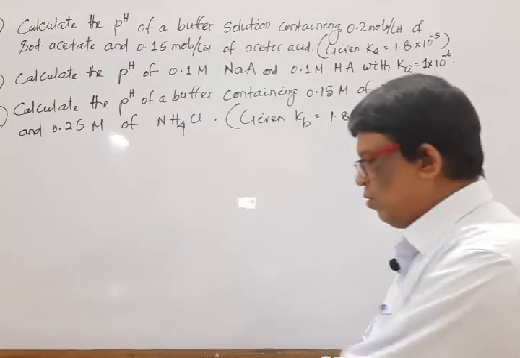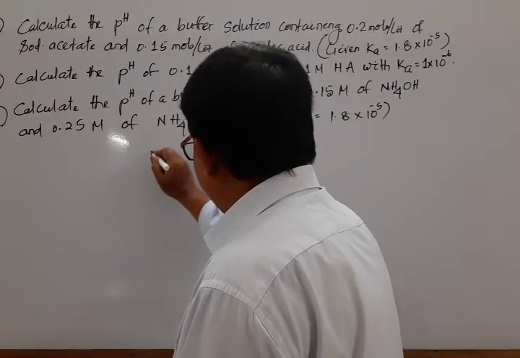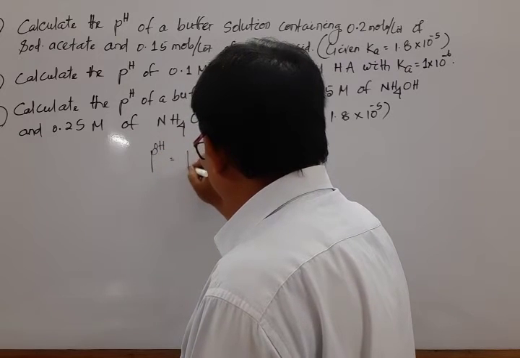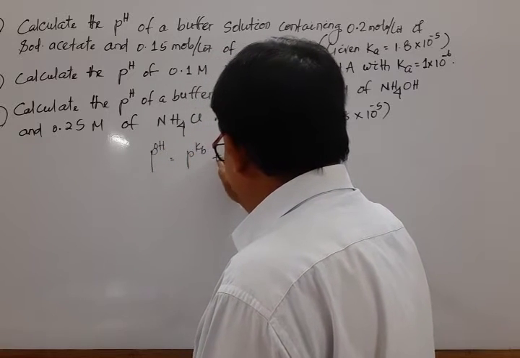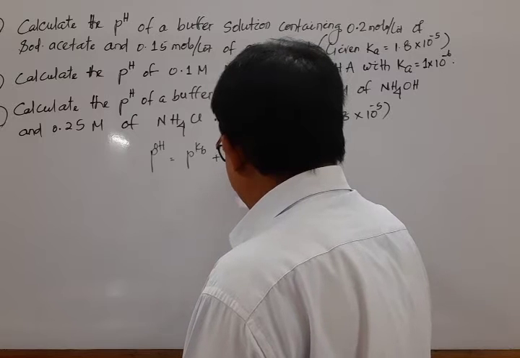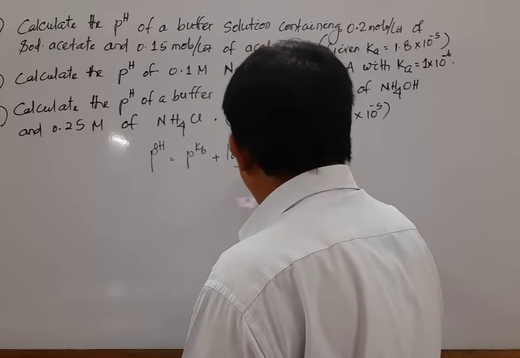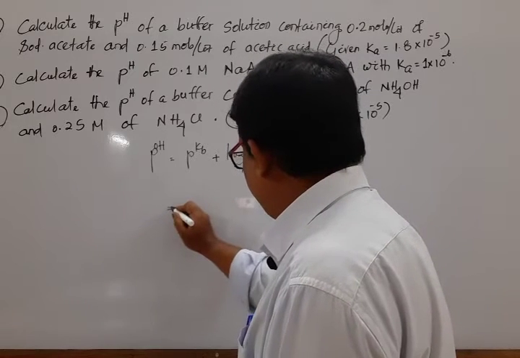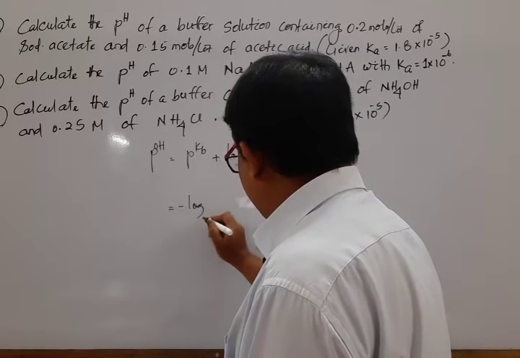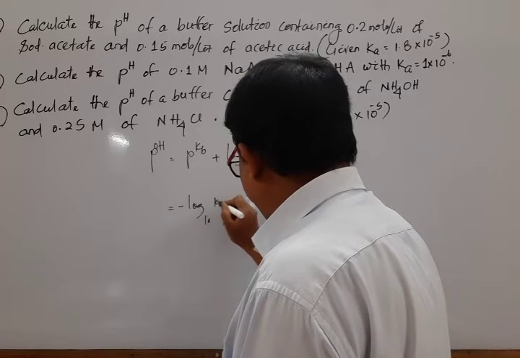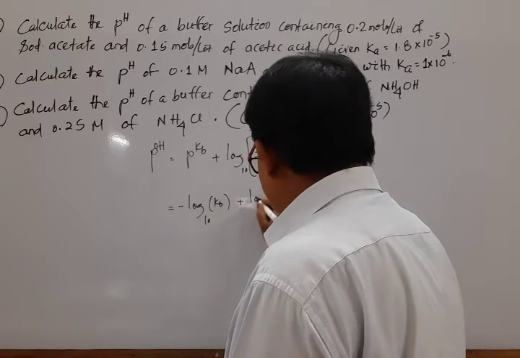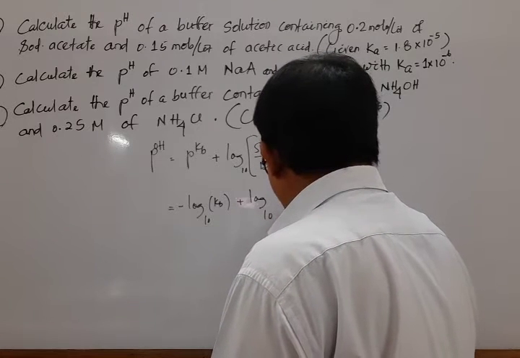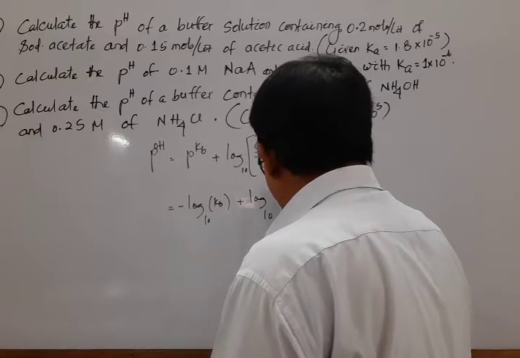So how to solve? We know that as it is a basic buffer, pOH is equal to pKb plus log base 10 salt by base concentration, which is equal to minus log base 10 Kb plus log base 10 salt concentration divided by base concentration.